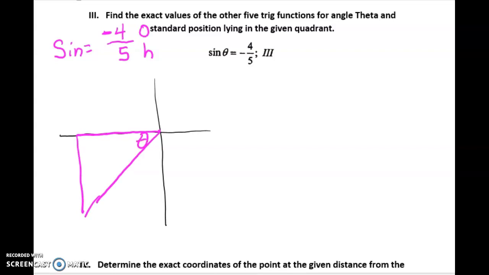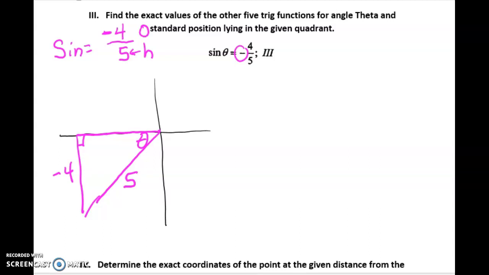The angle is always at the origin, and the 90 is always on the x-axis. It says that the sine is negative 4/5. One thing you always want to remember is your hypotenuse is always positive. So the negative sign has to go with the 4, because the 5 is the hypotenuse and the opposite leg is negative 4.